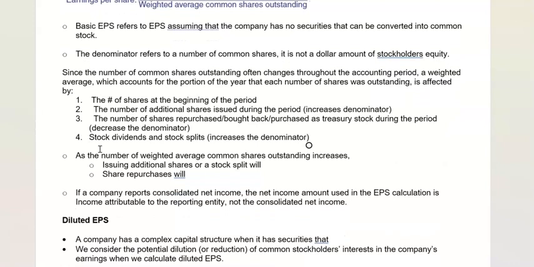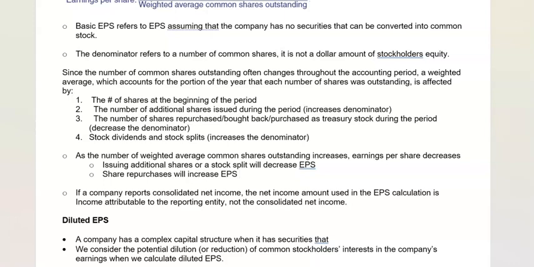As the number of weighted average common shares outstanding increases, earnings per share, of course, will decrease. Issuing additional shares or a stock split is going to obviously decrease earnings per share. And a share repurchase, since it decreases our denominator, will increase earnings per share.